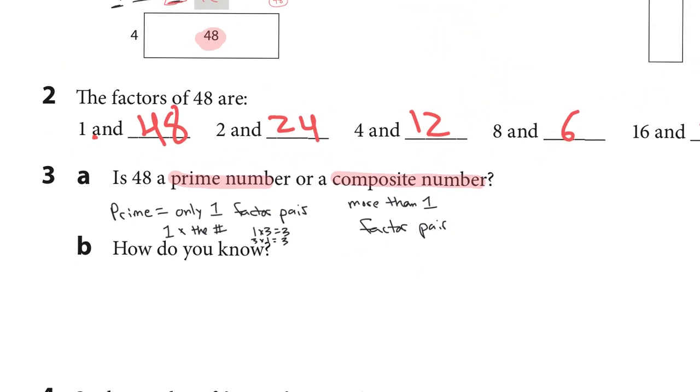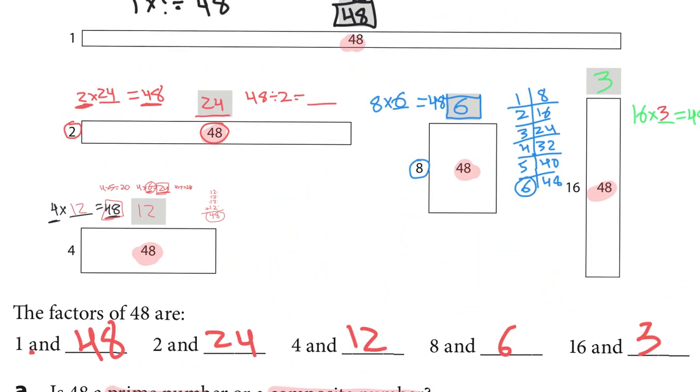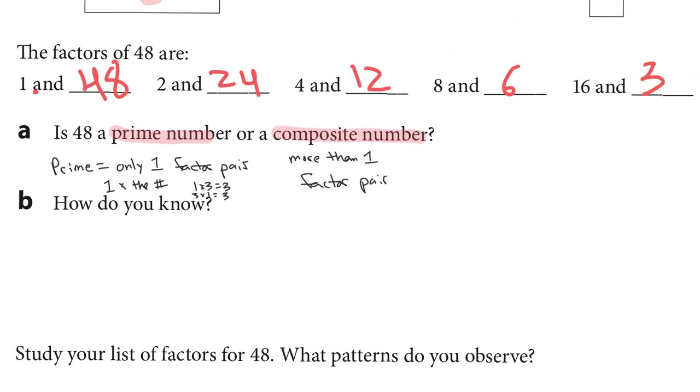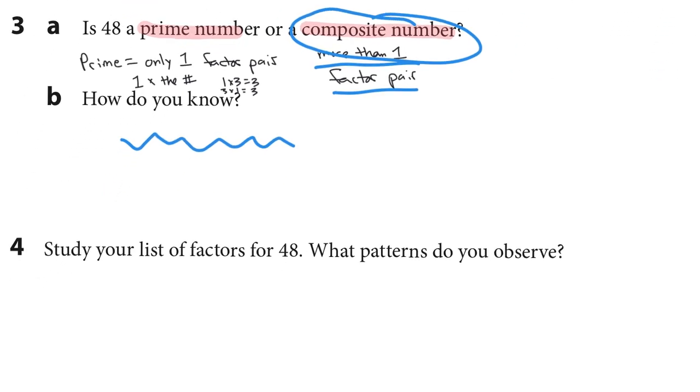So if we're looking at the number 48, which is represented by all of these rectangles here, yeah, there's a 1 times 48, but there's also 2 and 24, 8 and 6, 3 and 16, 12 and 4. So since it has more than one factor pair, we are going to say that it is composite. And I'm going to let you write your definition down here, or your answer down here. It says, how do you know? Hopefully you would say something like, it has more than one factor pair.